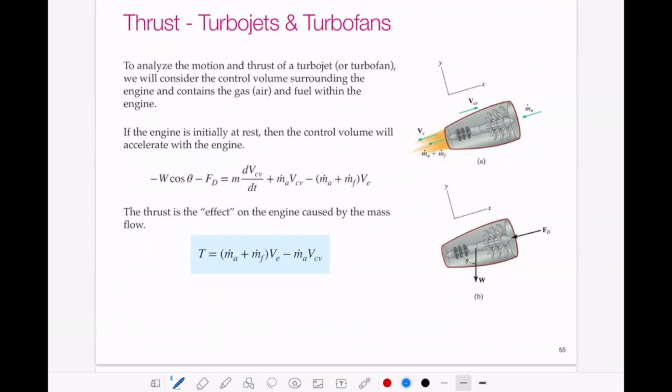If we draw our free body diagram and our kinetic diagram, free body diagram down here, the only forces externally acting on this, and we remember the forces acting on the fluid, we have the weight of the fluid due to gravity acting downwards, and the force of the engine acting on the fluid would be in the negative x direction. And then in terms of the fluid motion around our engine, we have our mass flow rate in, so our mass flow rate of air.